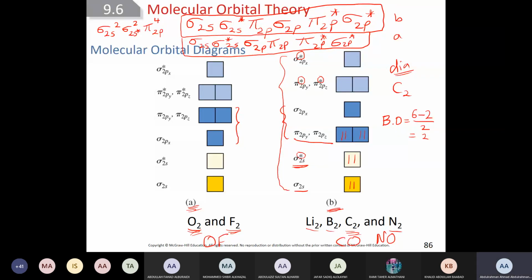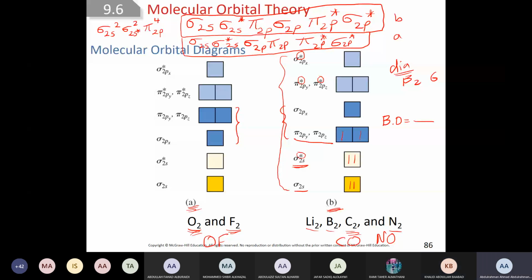Let's do it for the B2 molecule, very quickly. What's the total electrons? 6. Okay, how are you going to distribute them? Sigma 2s, sigma star 2s, pi 2p 2. Excellent.